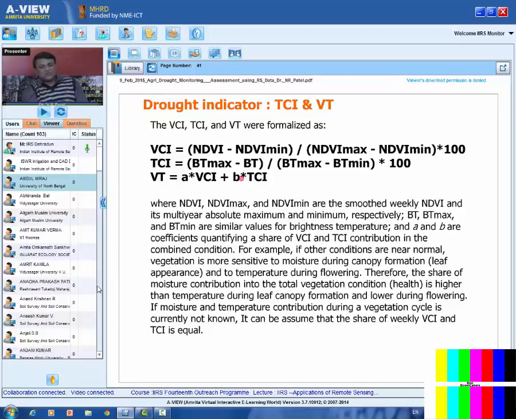Flowering and podding, that is, reproductive growth, is highly sensitive to temperature. That is why if you take into account the temperature database, it will take care of any stress during the flowering or reproductive phase due to drought.